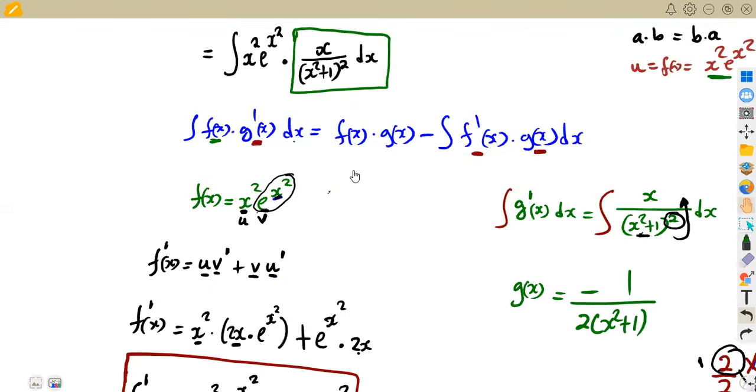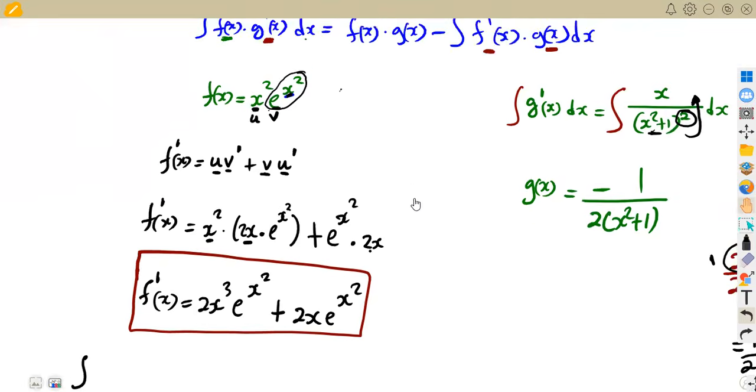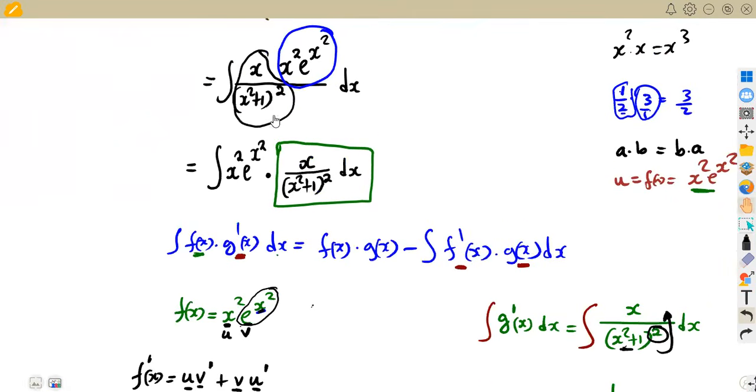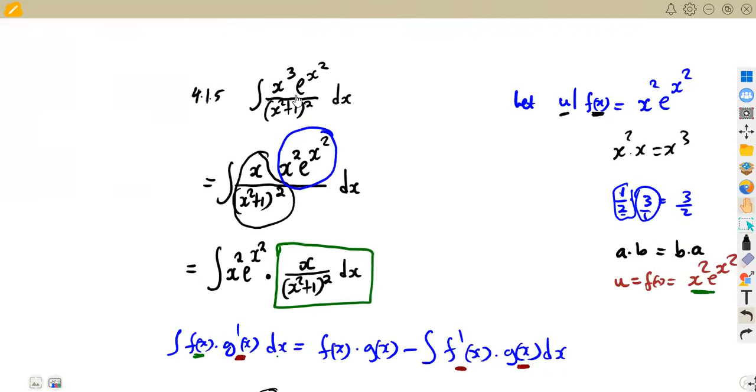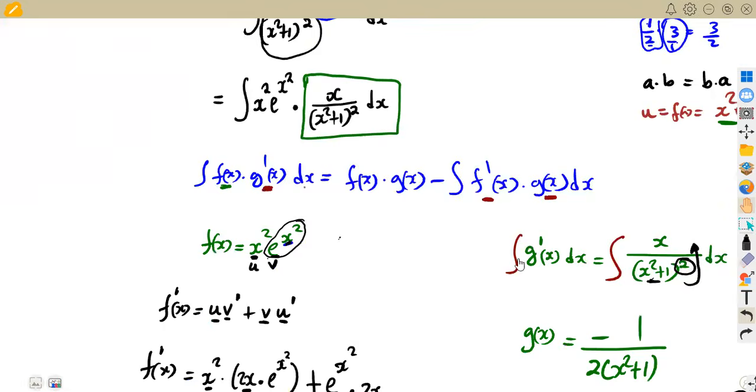Let me just rewrite as it was before. This one was the integral of, as it was before, the integral of this part here as it is. That is the one I'm just going to take.